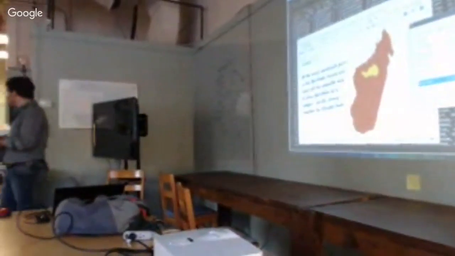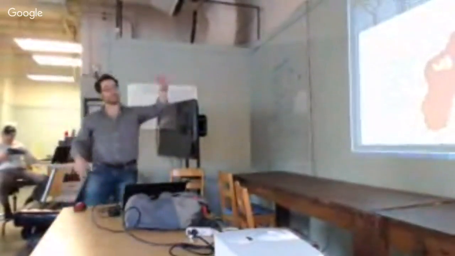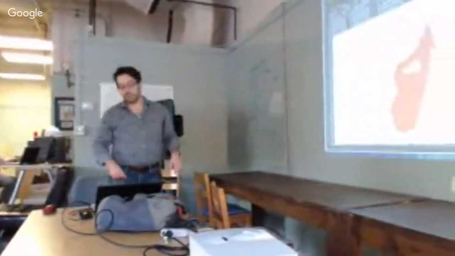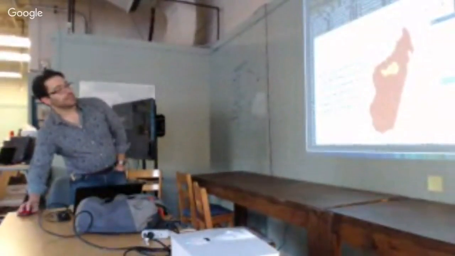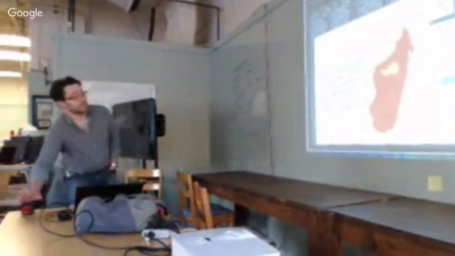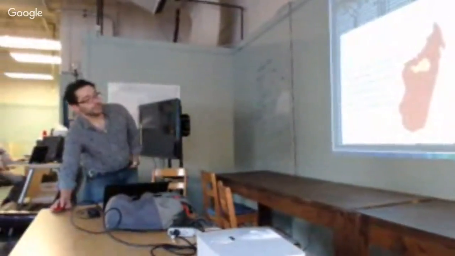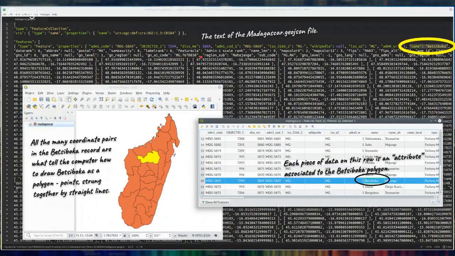So a nice graphical representation of all these attributes for every province in Madagascar. The line I've highlighted here is the one that we're seeing in the background, minus the geometry, because you don't see the geometry in the table. You see the geometry here. These numbers all correspond to what we've got up there.